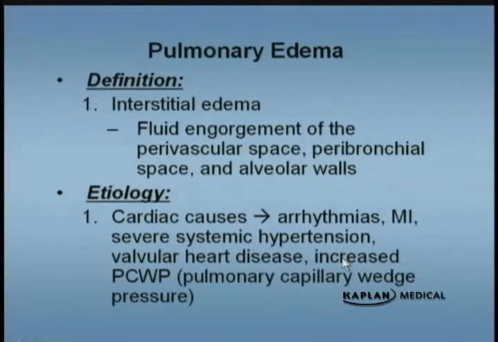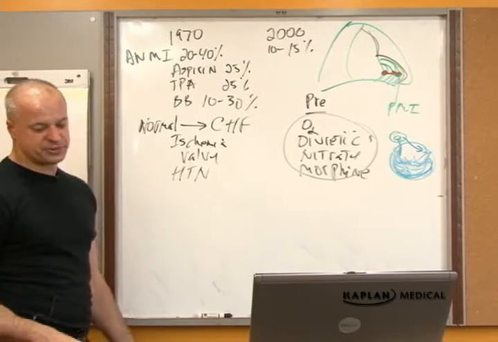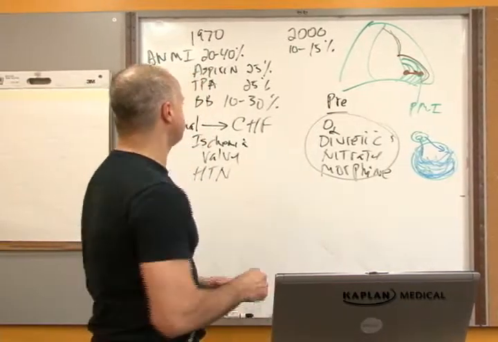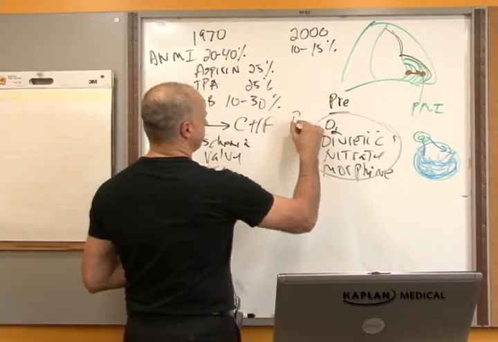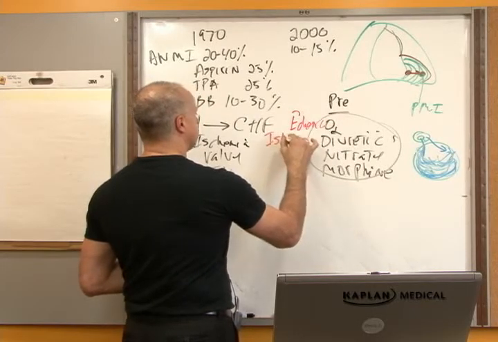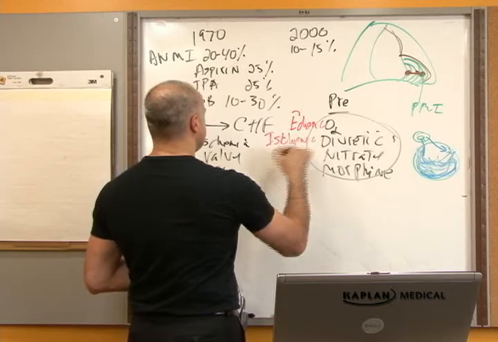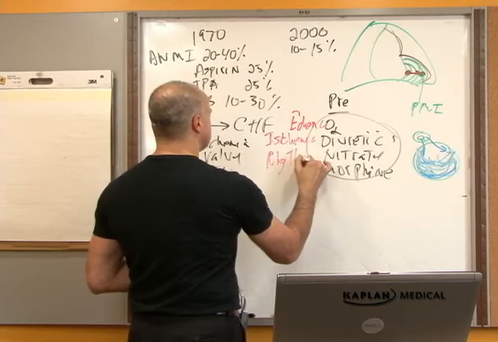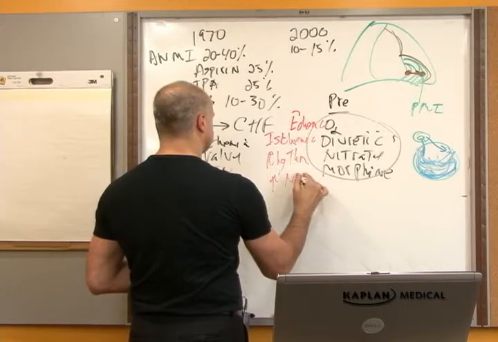Well, the most common causes of pulmonary edema: once you have a sick, leaky, weak heart with ischemia, valvular heart disease, hypertrophic cardiomyopathies, what puts you into pulmonary edema? You get more sudden ischemia, a rhythm problem, some form of increased salt load.